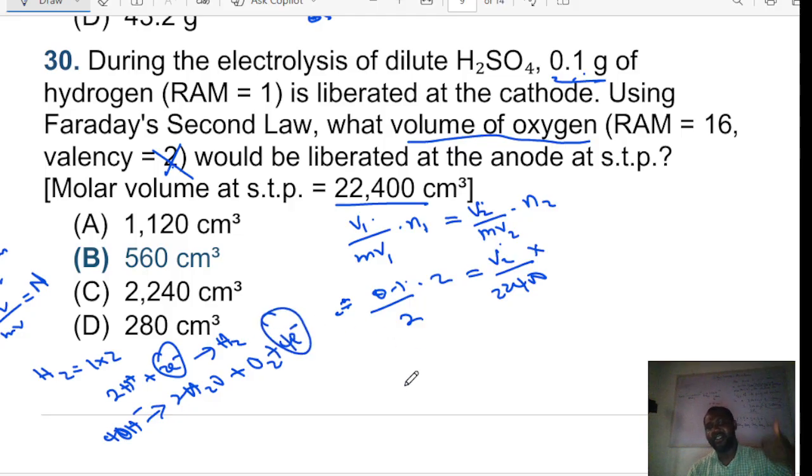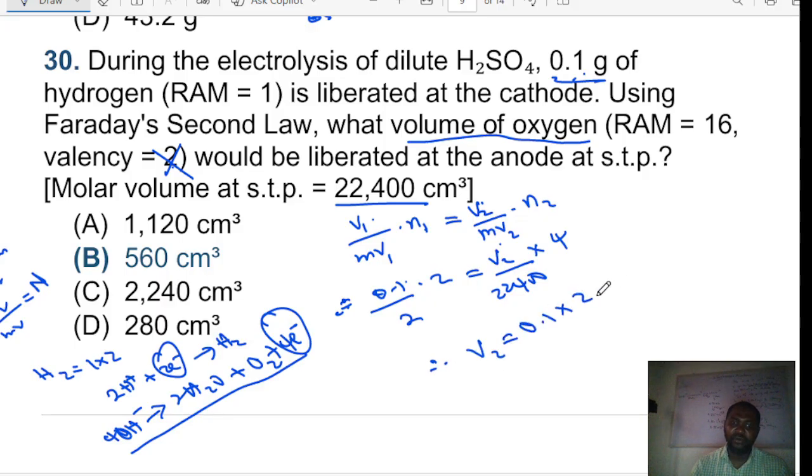Please don't forget this in your exams. The number of electrons to use whenever oxygen is being liberated is 4. Kindly note that, please. It is 4 electrons, and this is the equation that validates that. So I'm going to put 4 here. So my V2 now is going to be 0.1 times 2 times 22,400 divided by 2 times 4.